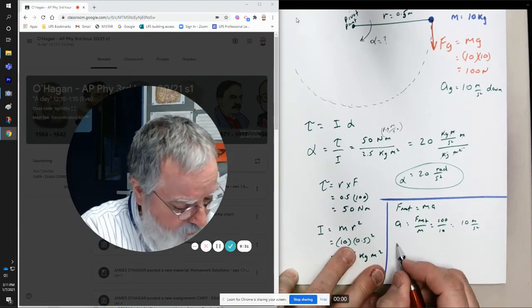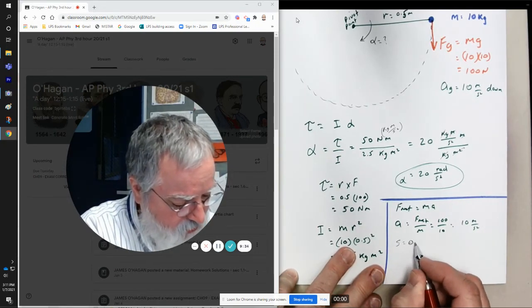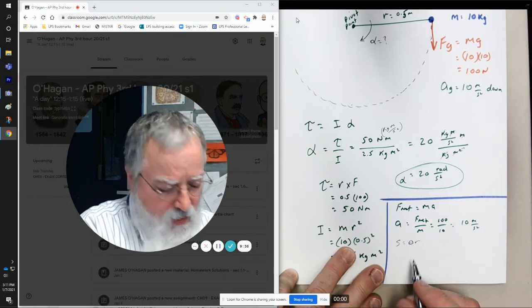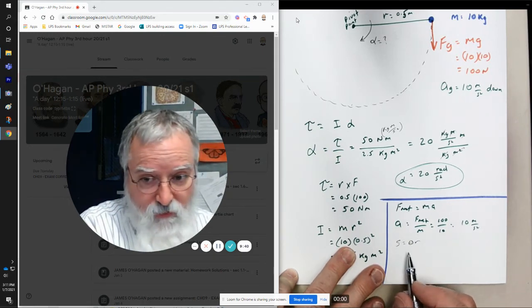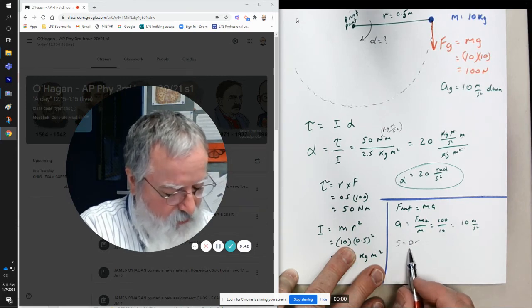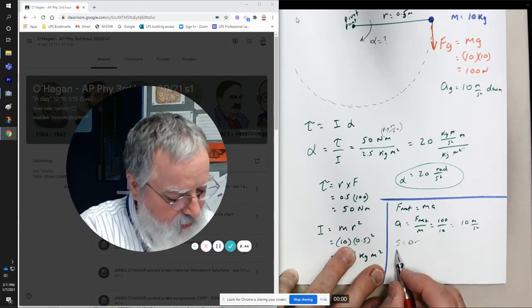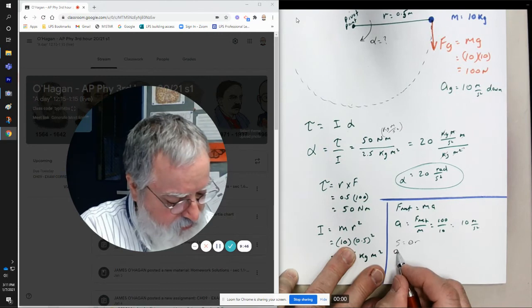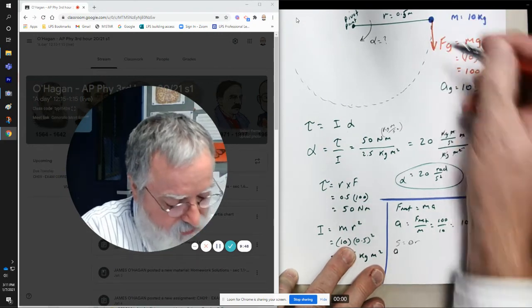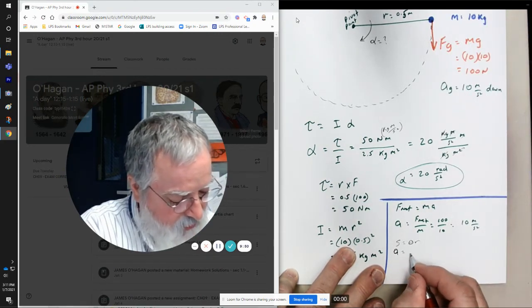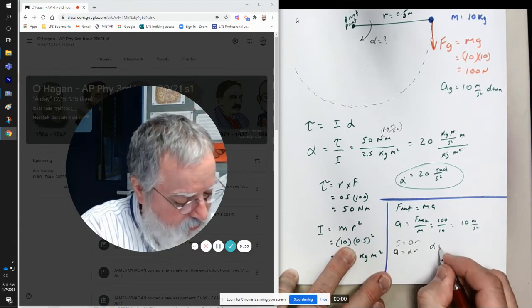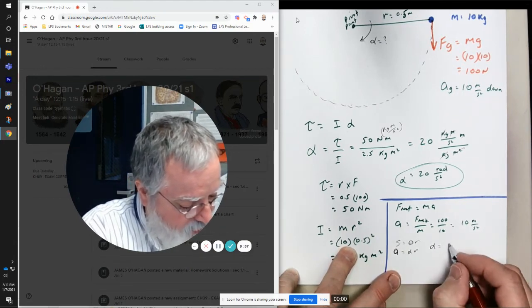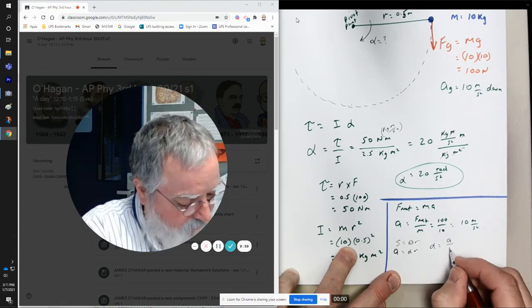All right, so how do we do that? We start with SOAR. Arc length equals angle times radius. And then I'll switch over to the velocities: velocity equals angular velocity times radius. So acceleration, and this is the tangential acceleration, equals angular acceleration times radius. Therefore, the angular acceleration is the linear acceleration divided by the radius.